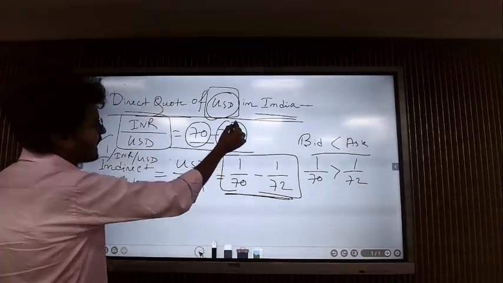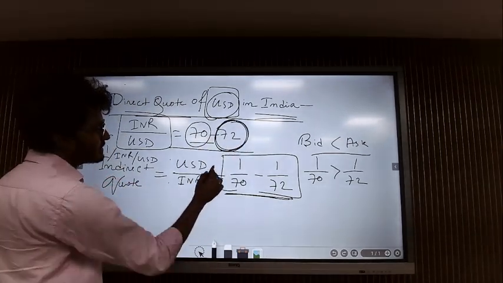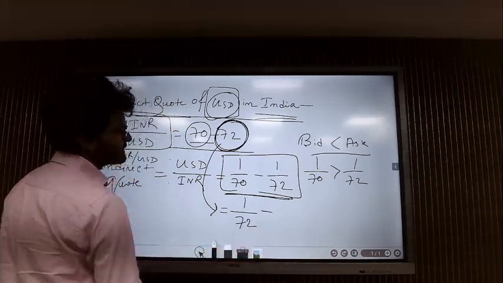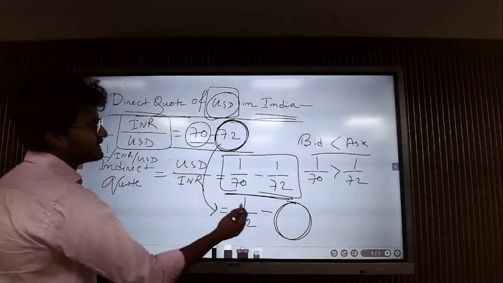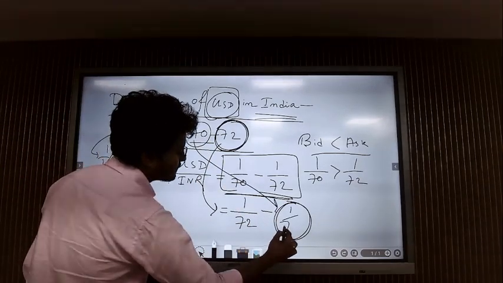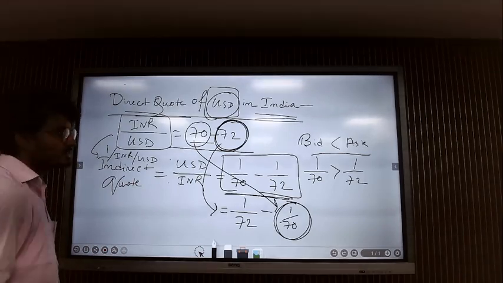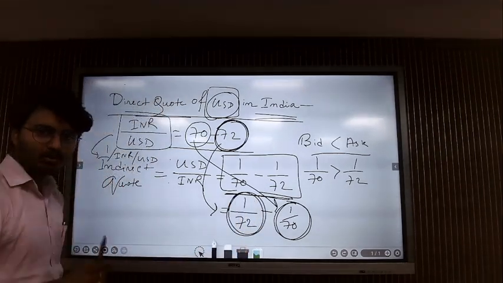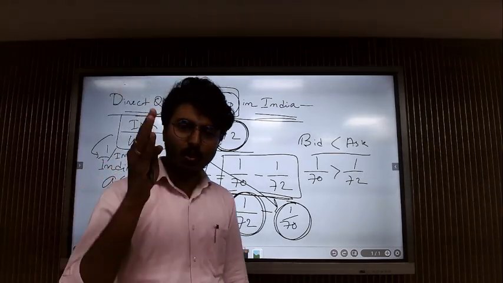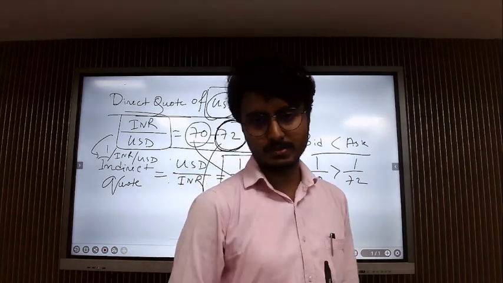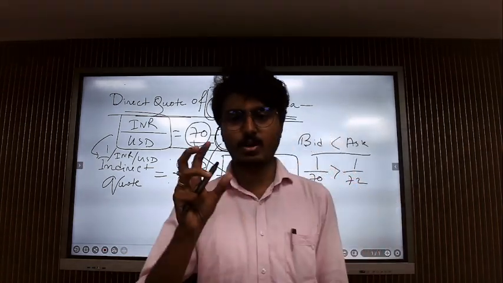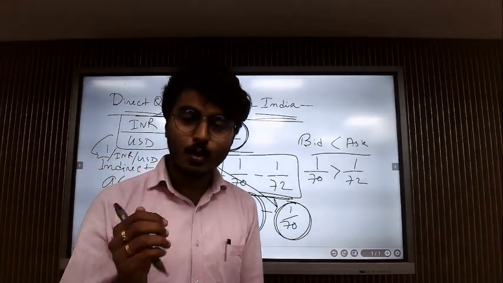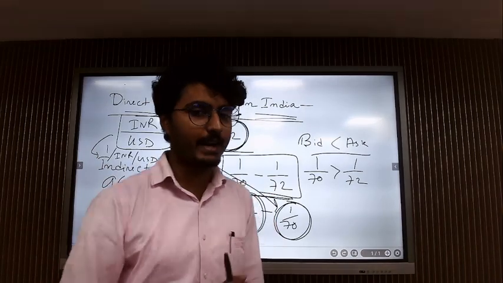So the bid in the indirect quote is 1 by the ask rate of the direct quote, and the ask in the indirect quote is 1 by the bid of the direct quote.